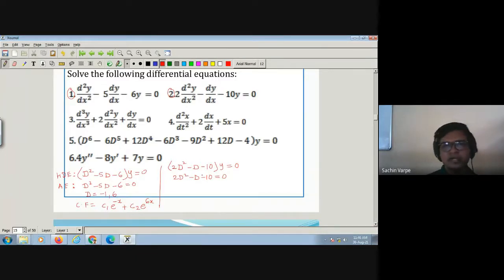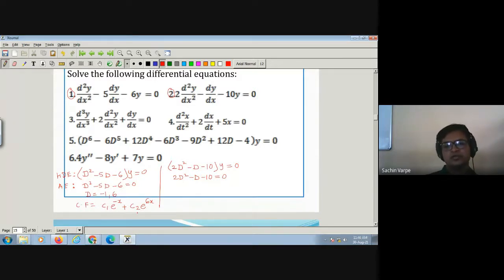How you get the roots is not important in the examination; calculators are allowed in our SPP examinations. But if calculators are not allowed in some examinations, then you should know the manual methods too: the quadratic formula method, making a perfect square, splitting the middle term, or synthetic division. There are several methods.